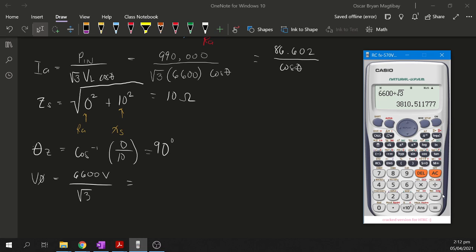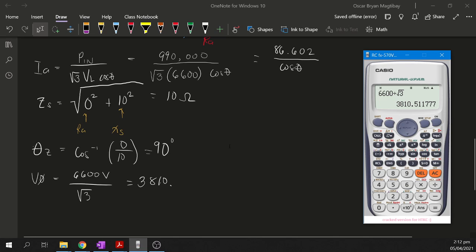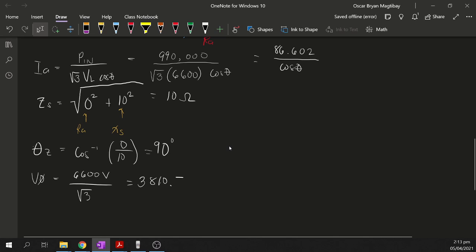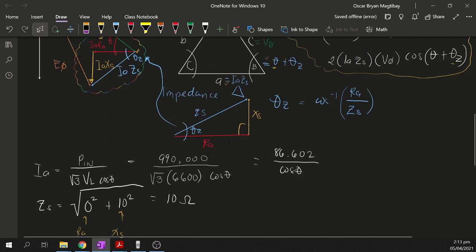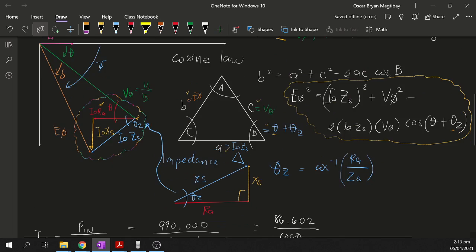So this is 3,810.512 volts. So pwede na natin itong i-substitute sa ating problem or sa ating palang formula given dito sa taas.